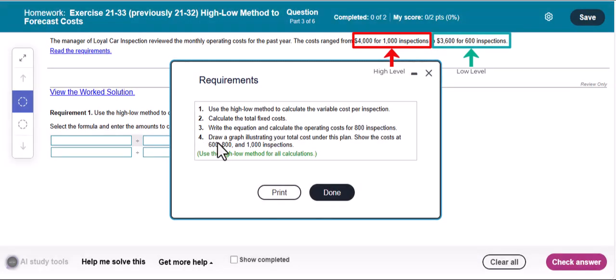Number 4, we'll draw a graph illustrating your total costs under this plan. Essentially, between these 1,000 inspections and these 600, we're trying to project the costs for other levels of inspections, in this case 800.